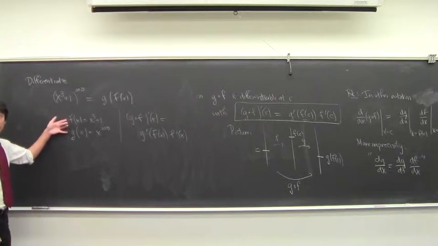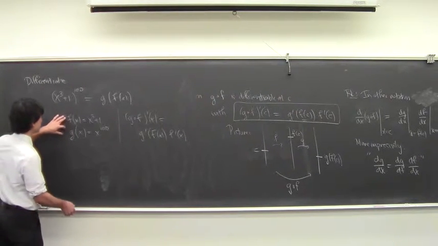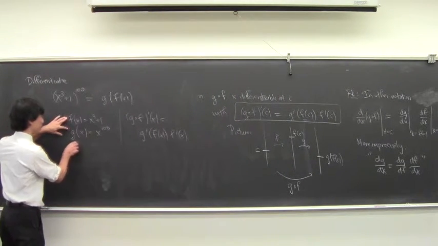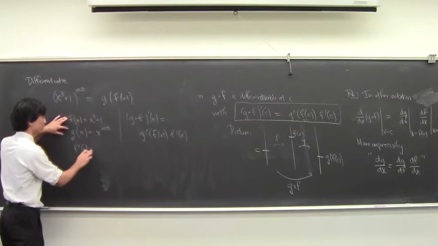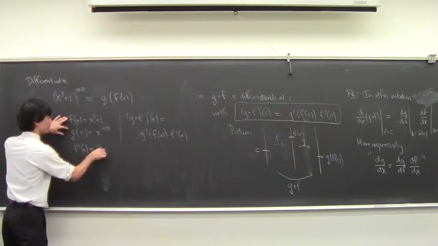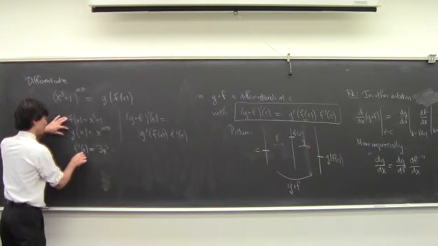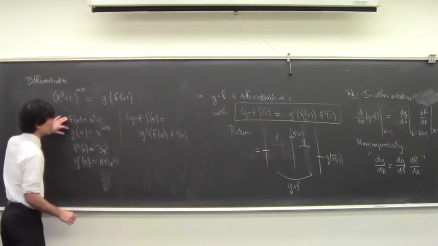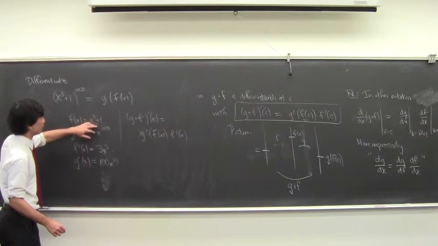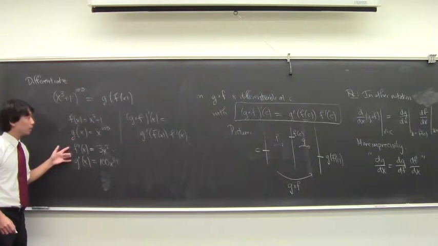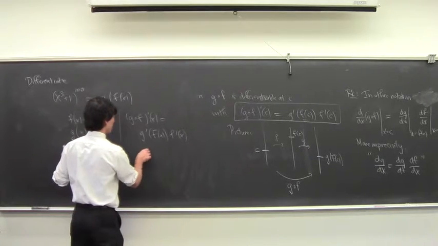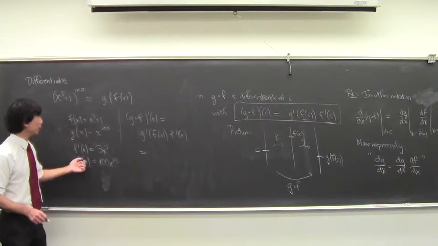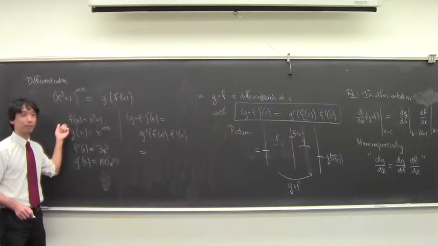Okay. So just for exercise, what's f prime? Somebody just shout it out, please. 3x squared. What's g prime? 100x to the 99. Right? So you're just using the power rule. Okay, so then what's g prime of x evaluated at f of x? Ali, how would you?